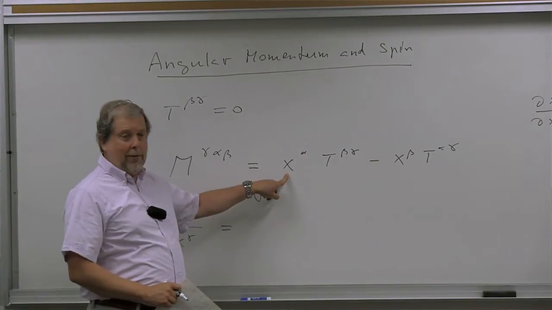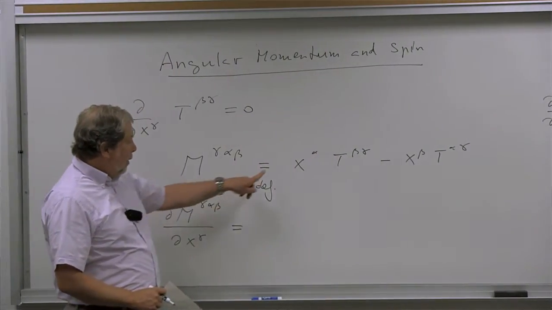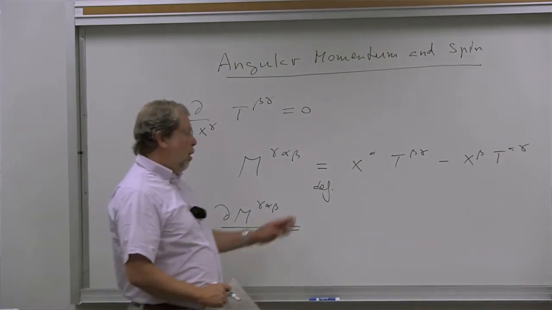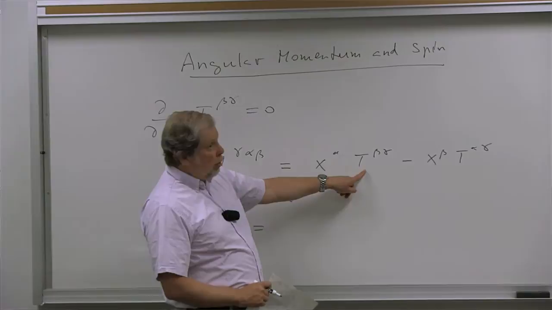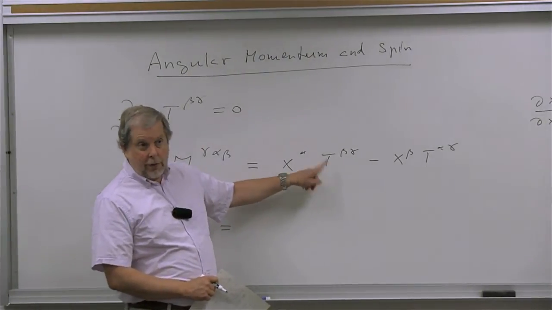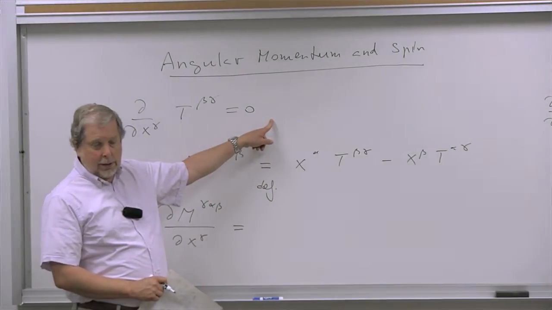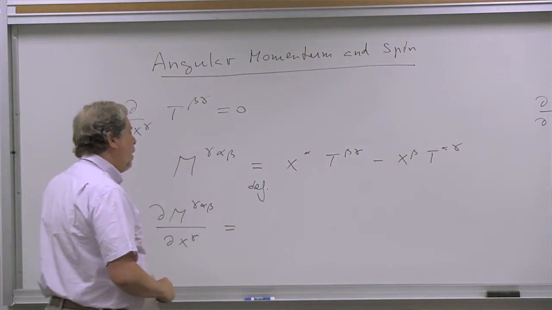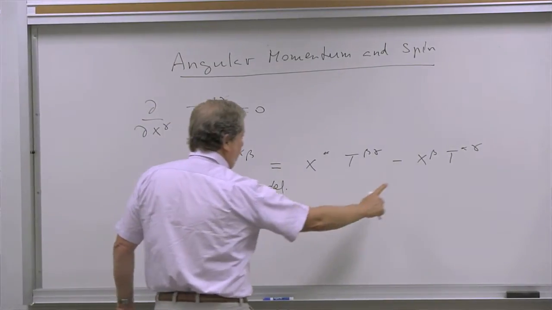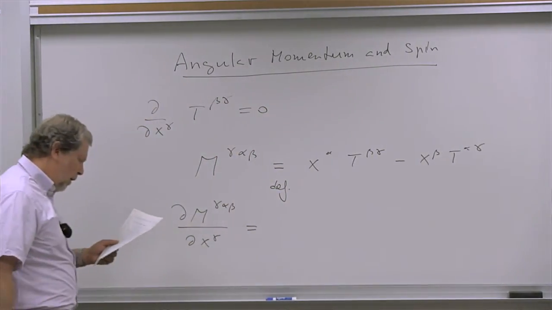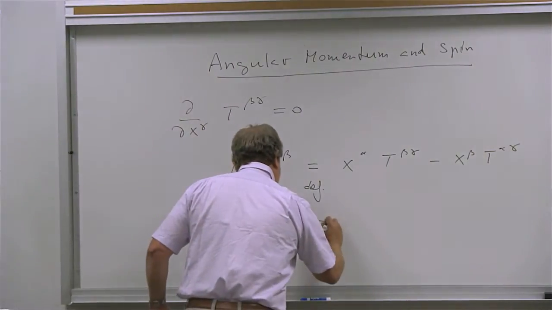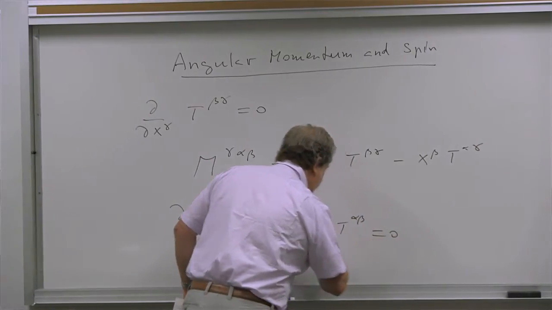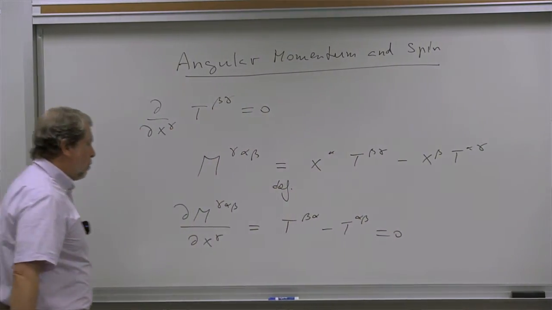So there's a coordinate right here, which means that when we take the derivative of this coordinate, we get the Kronecker delta alpha gamma. Well, there are terms there when you take the derivative. There's also a derivative of the T, but the derivative of the T is 0 because the T is conserved, so that does not matter. The only thing that you get is the term from the derivative of this x and the term from the derivative of the other x. So you get T beta alpha minus T alpha beta, and this is 0 because the thing is symmetric. So this object is conserved.